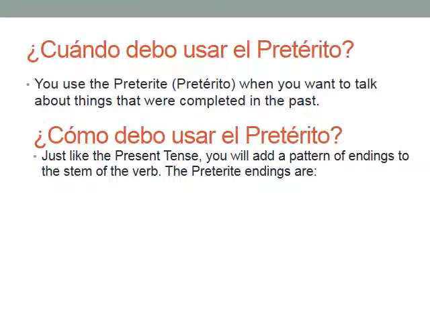That action's done. It's completed. There's a definitive beginning, a definitive end. I ate an apple at 6 o'clock this morning. Completed action. So in other words, we're not talking about actions that used to happen or were happening in the past. We're going to use a different tense for that.